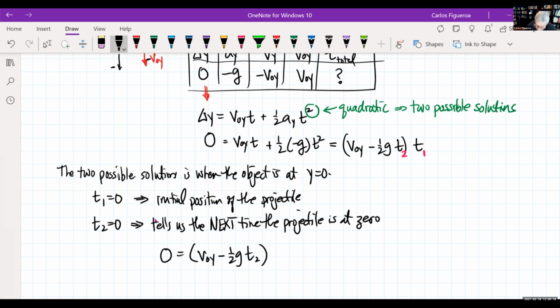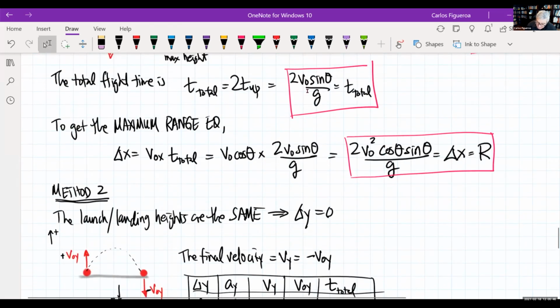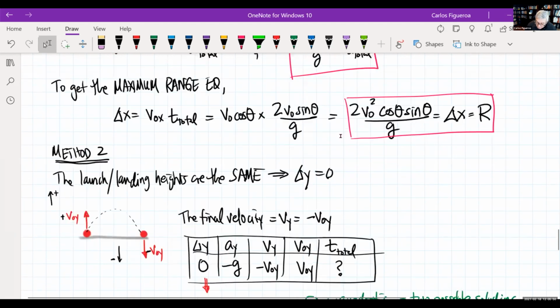So if you do this, you're going to find here that T2 is really the total time. And if you compute this value, guess what you get? If you do the algebra, you get 2 V naught sine of theta divided by G, which is the total time. And look at this time and compare it to that time. It's identical. There's 2 ways to solve this problem here.